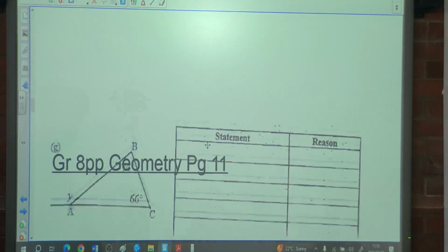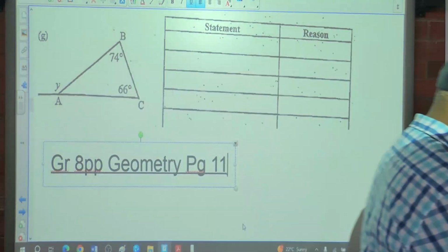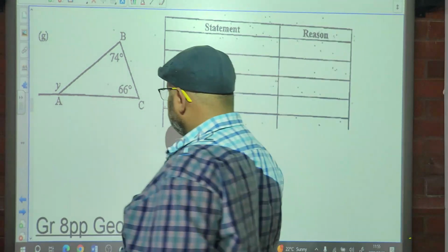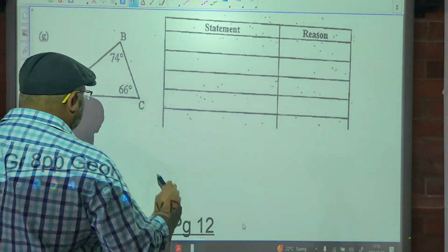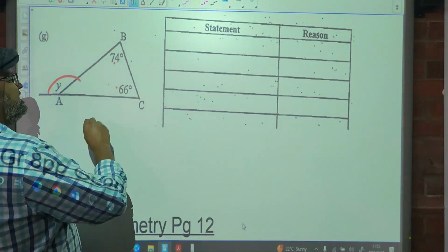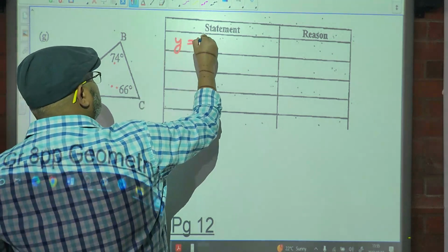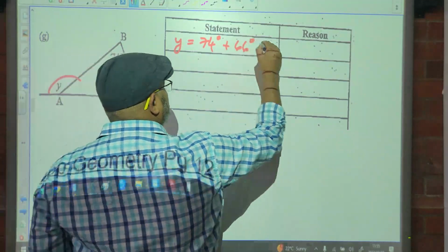We're still on page 11. We're on page 12 now. Right. So this is also one of those cases, not so? So again, the exterior angle is equal to the sum of the two interior opposite angles. Okay, so what do I write? y is equal to 74 degrees plus 66. The reason?